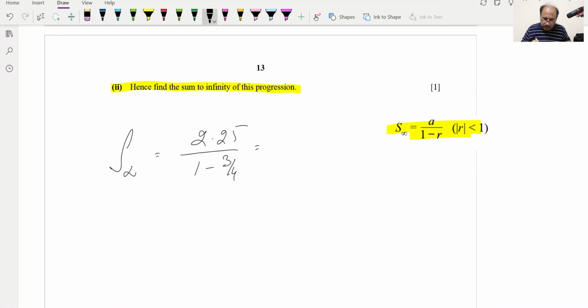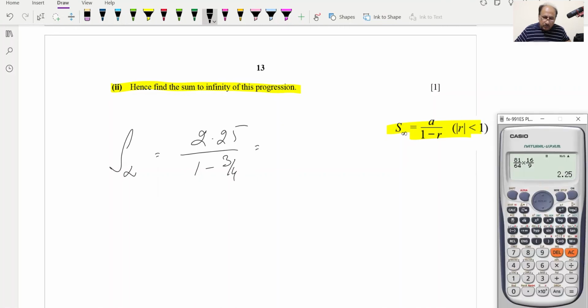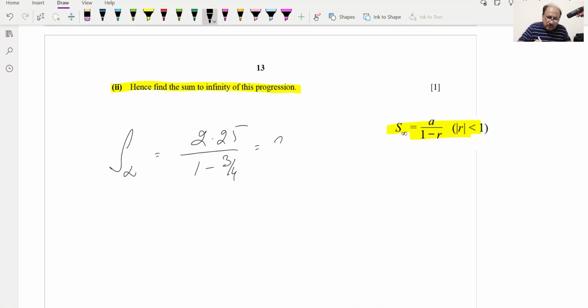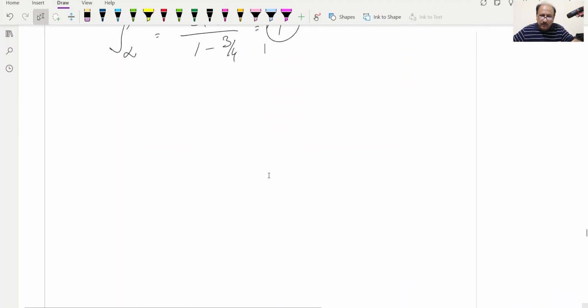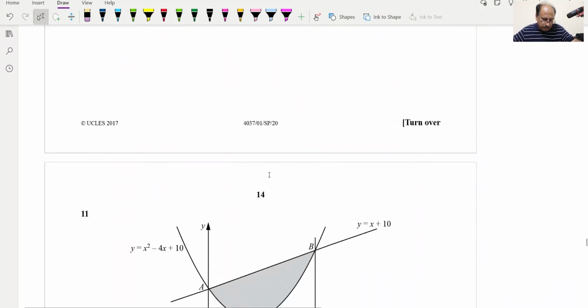This will be 2.25 over 1 minus 3 over 4, and this is equal to 9. So the sum to infinity is equal to 9. This was basically the 5 marks question which you've done.